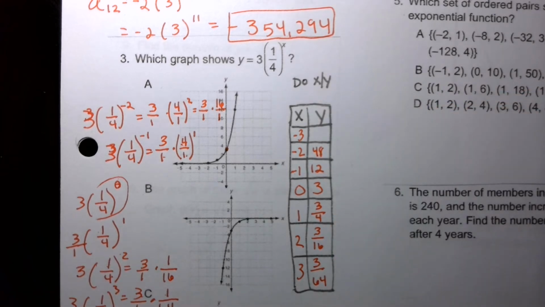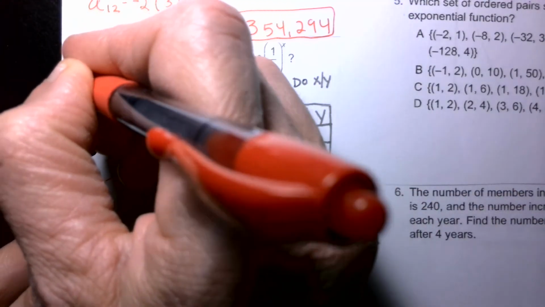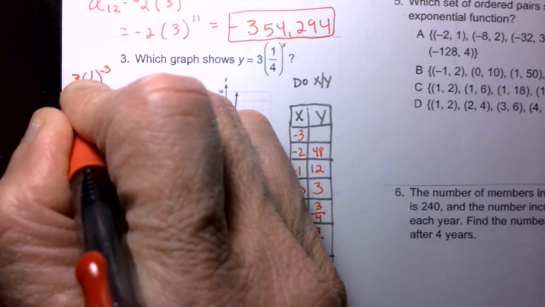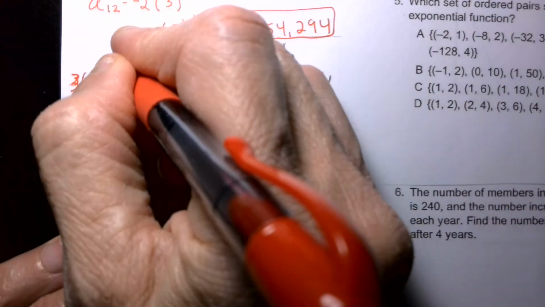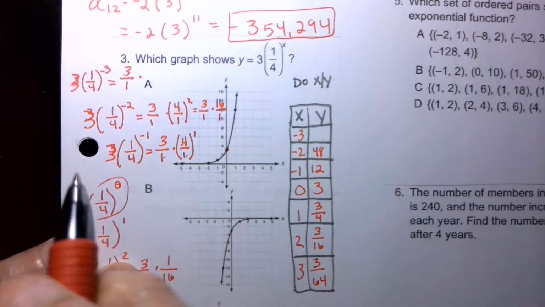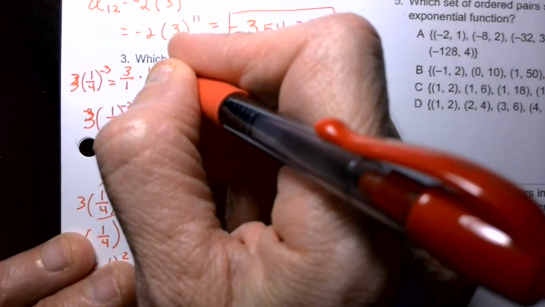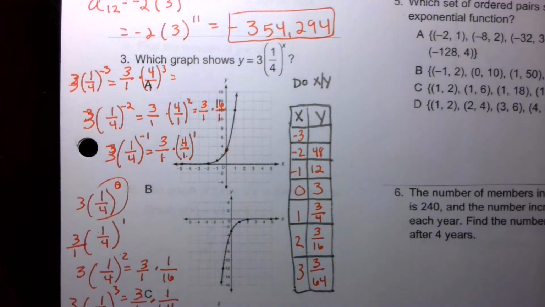Okay, we're getting pretty big numbers, but let's just finish it off for good measure. So we have 3 times 1/4 to the negative 3. Again, wrote that 3 small. I don't know what my problem is there. And I'm going to write it as a fraction now, times, to make that a positive 3, I flip what's inside, and now I have a positive 3. I still have to cube it though.